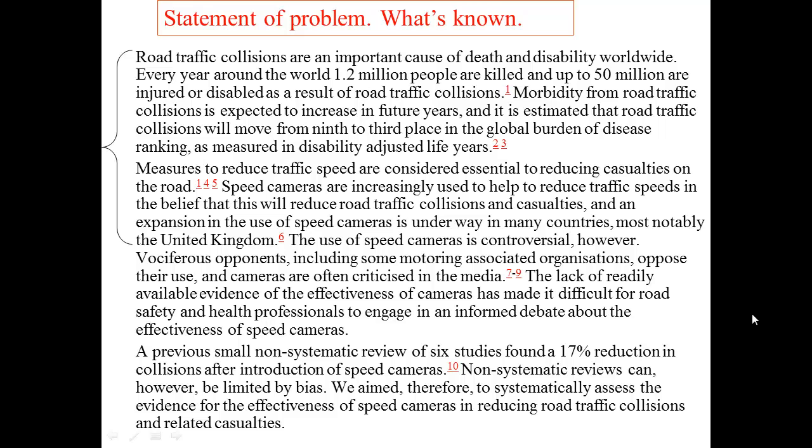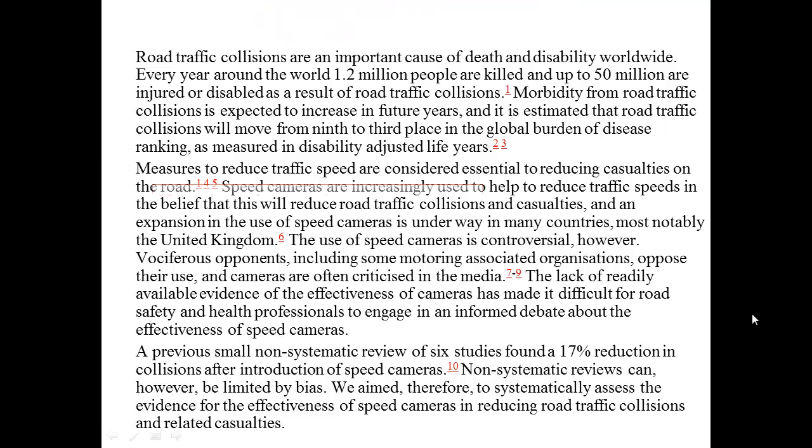And what's happened is that people have then implemented speed cameras to help reduce speed because they believe that that's going to ultimately save lives. And this study was specifically in the United Kingdom. So that's the what's known.